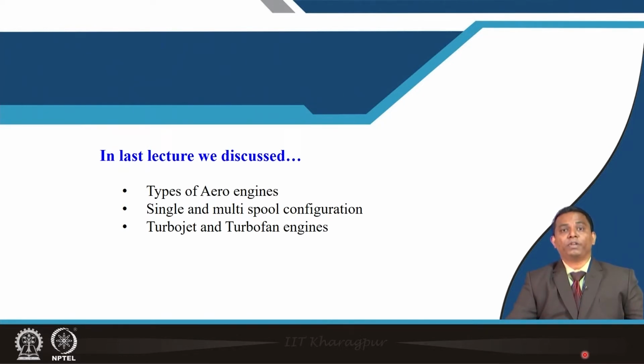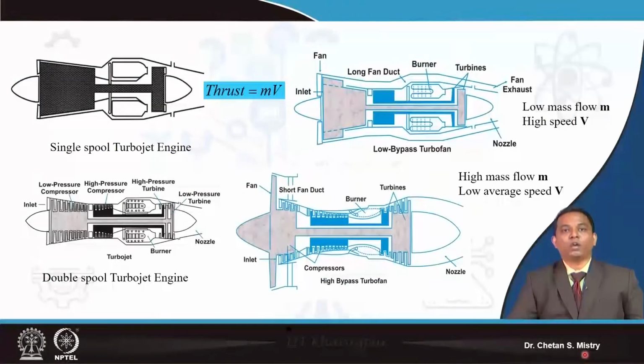So in order to meet the requirement for a wider operating range, people are moving to the multi-spool configuration. Now we have seen the configuration of the single spool turbojet engine, double spool turbojet engine, high bypass ratio turbofan engine, and low bypass ratio turbofan engine.